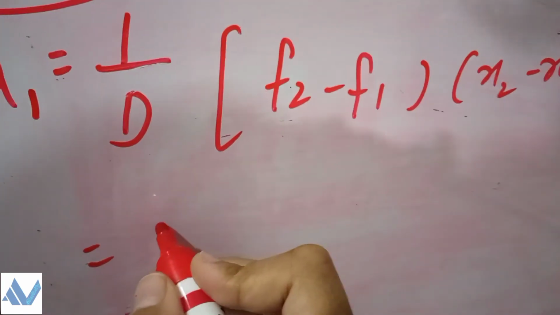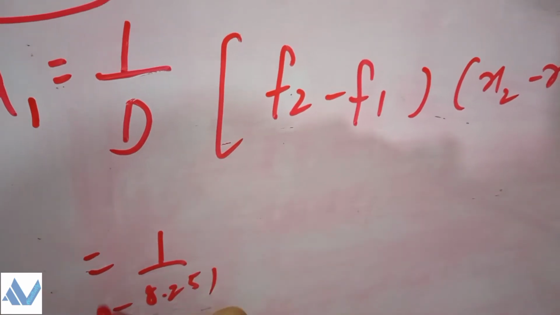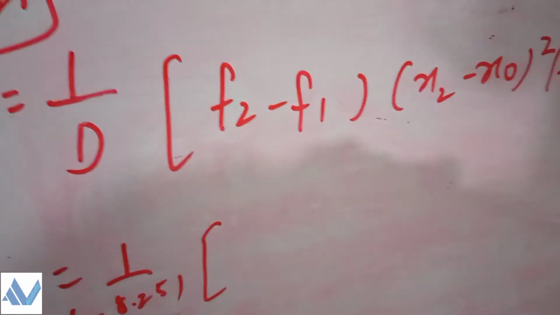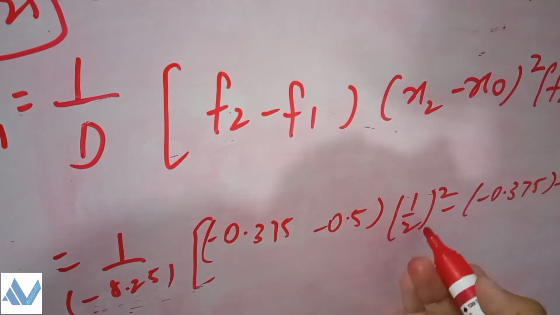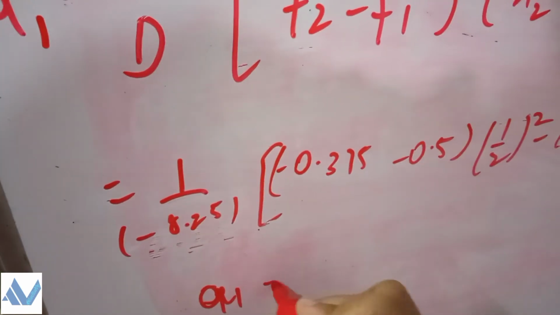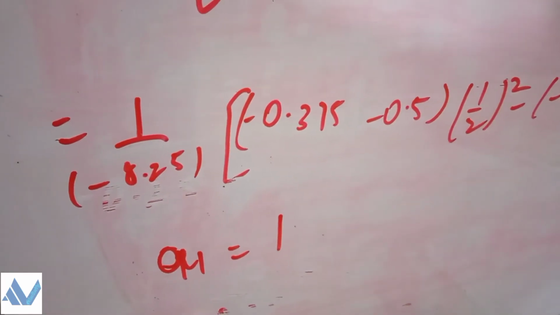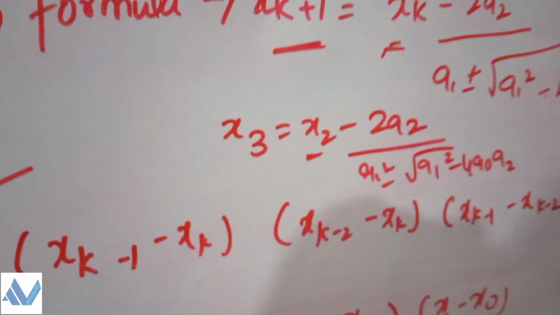Rest everything remains the same. Substitute the same thing. What changes is only the whole square. So you get the a1 value equal to 1.